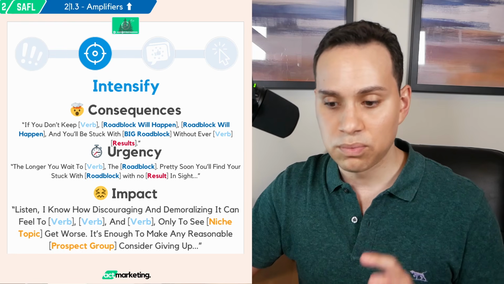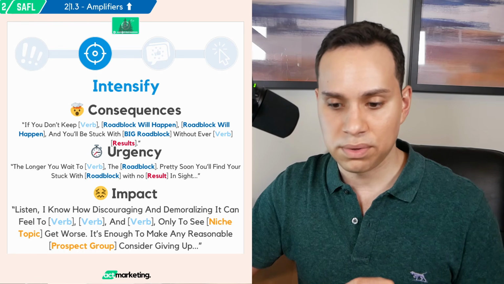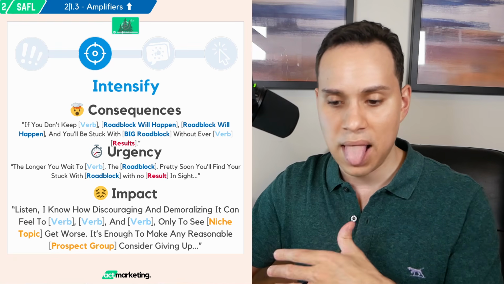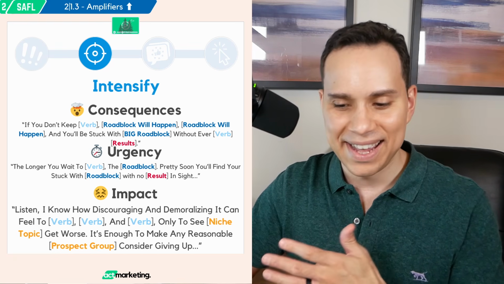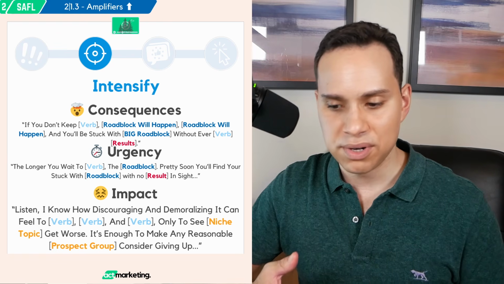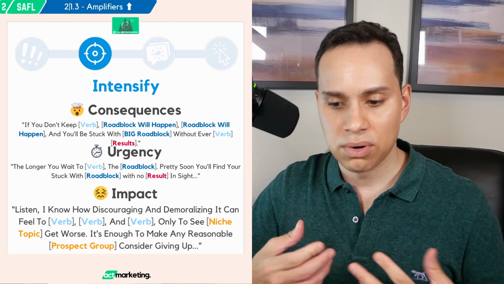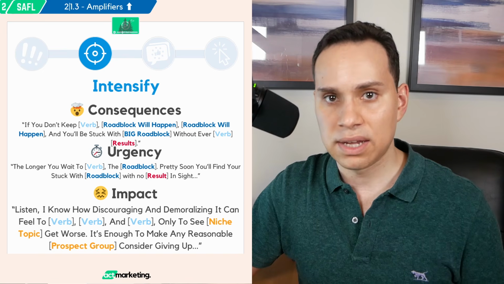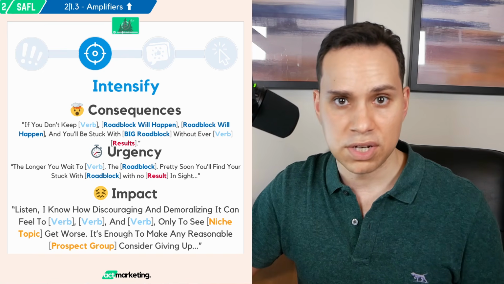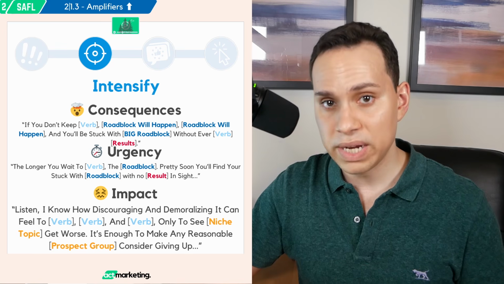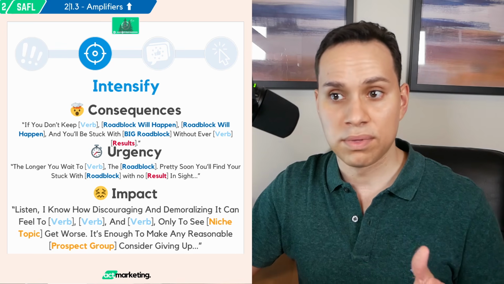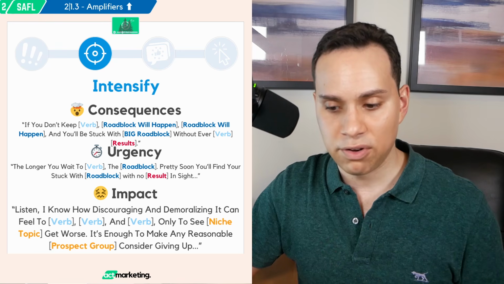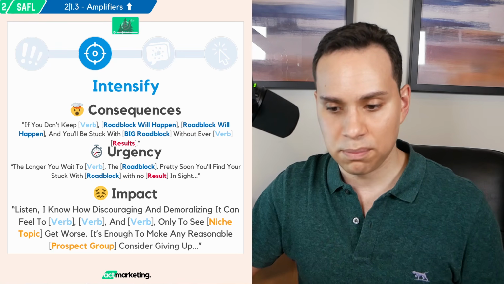And then finally, we really want to drive home the emotional toll of the issue by painting a clear picture of the frustration, stress, or sense of defeat that might come from the struggle with it. So validate their current feelings of fear and frustration with whatever they're already struggling with, or are about to struggle with, and then of course invoke a sense of hope that we can alleviate their pain.